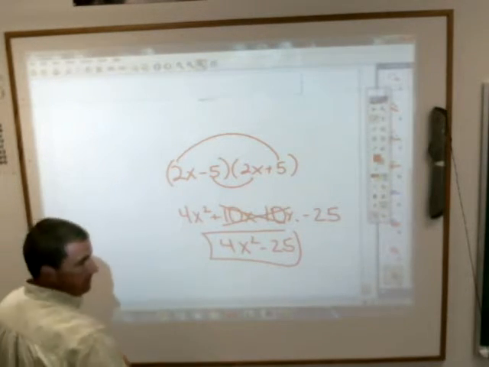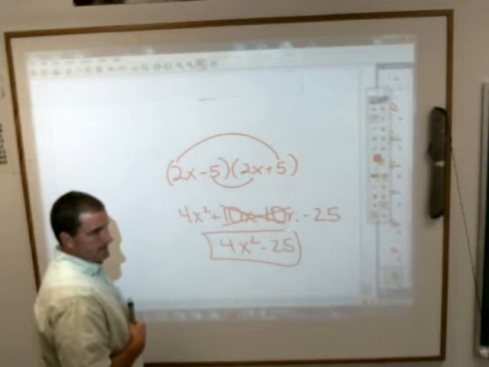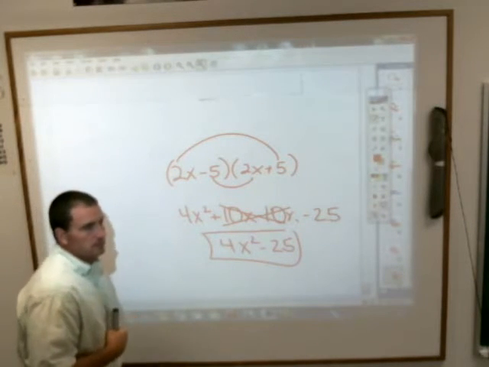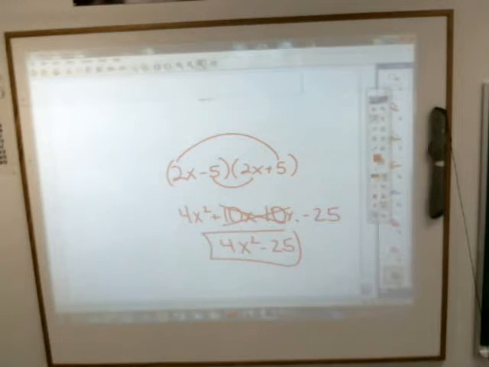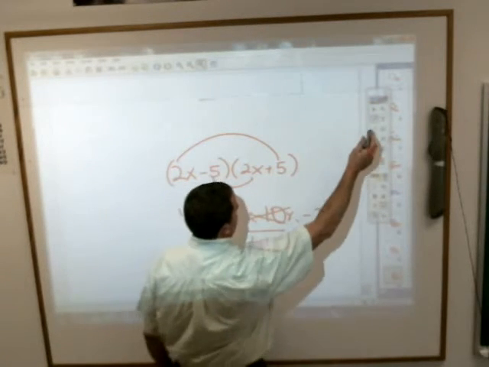On our sheet it says 2x plus 5, and then 2x minus 5. I'm not sure what you're telling me. Or you switched it. It doesn't matter. This was the positive and that was the negative, if it makes you feel better.